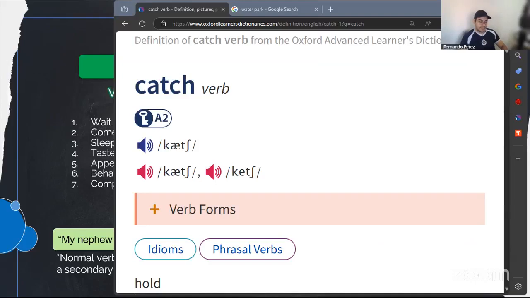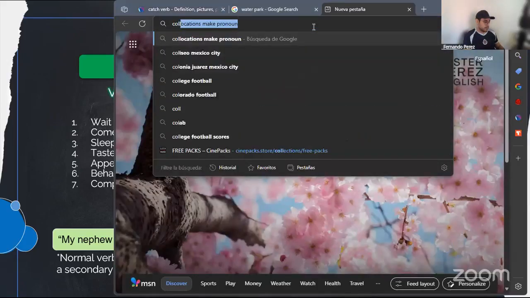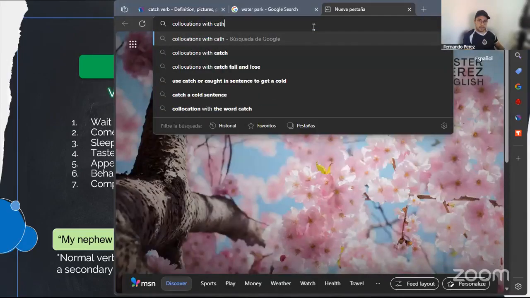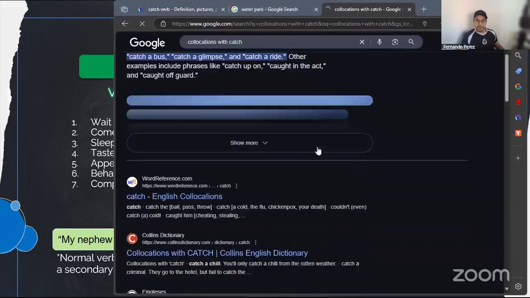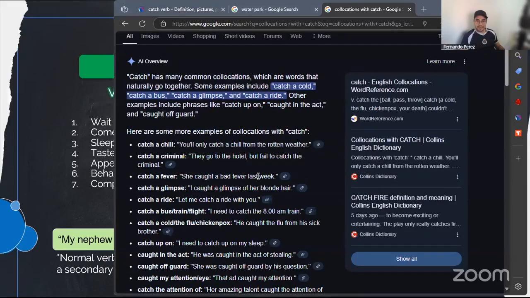The verb catch has some interesting phrases. Look, I'm going to show you some interesting phrases for catch.